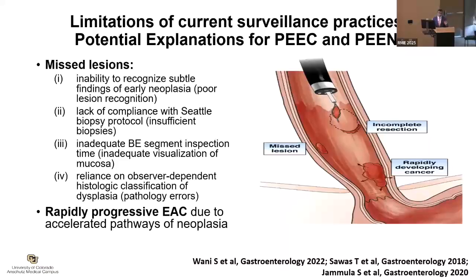There is another category. I don't know how often it contributes to PEEC and PEEN, but that's a question that is being addressed at the present time, which may be rapidly progressive cancers due to accelerated pathways of neoplasia.